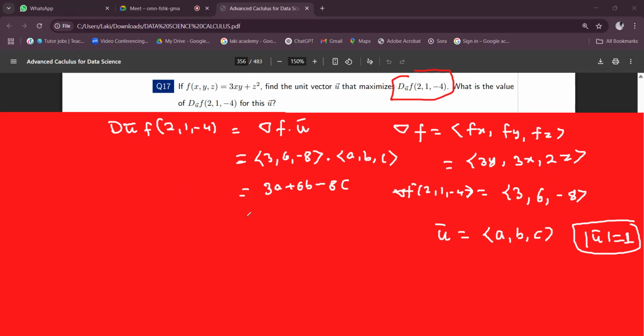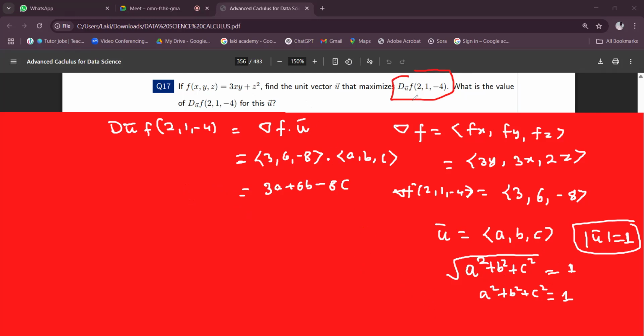If this is a unit vector, then its modulus is 1, their absolute value is 1, right?